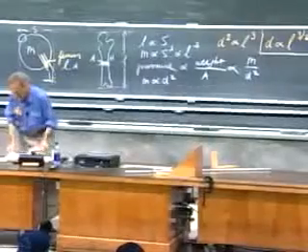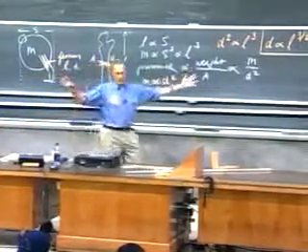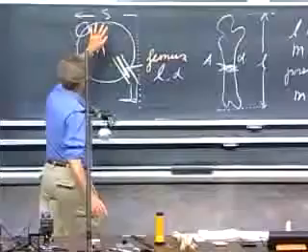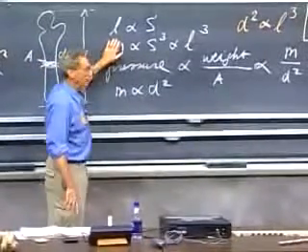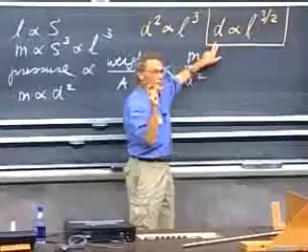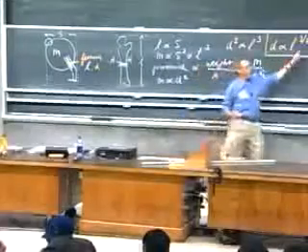What is this result telling you? It tells you that if I have two animals, and one is 10 times larger than the other, that the lengths of the legs are 10 times larger, but that the thickness of the femur is 30 times larger, because it is L to the power 3/2.